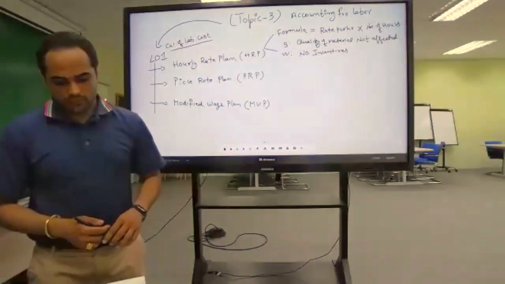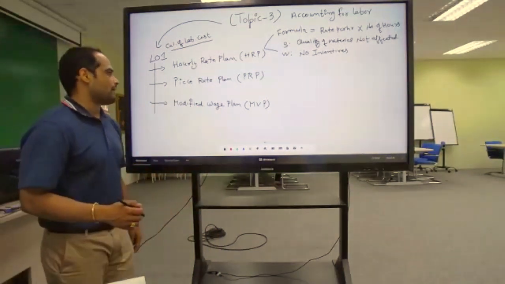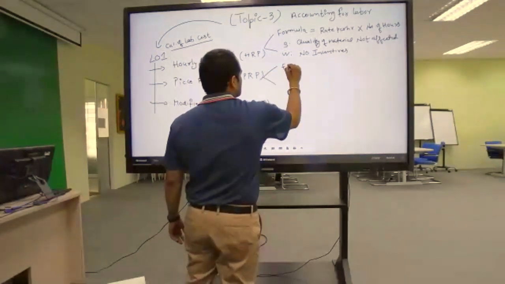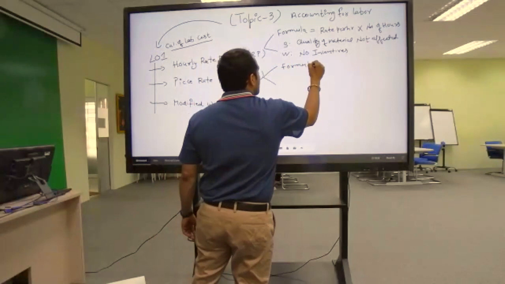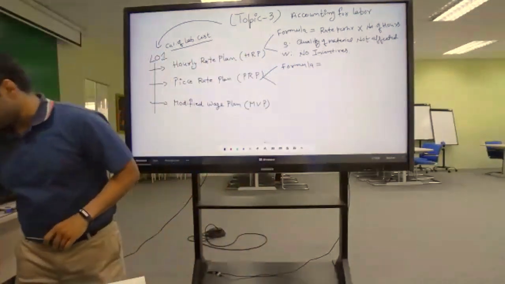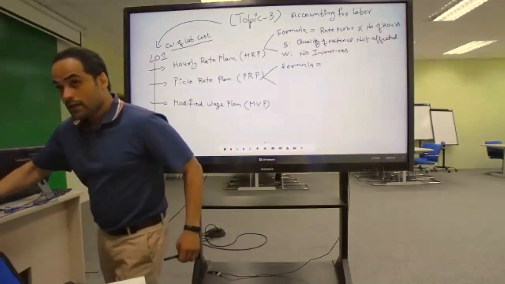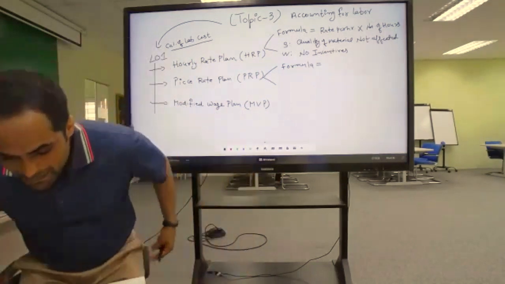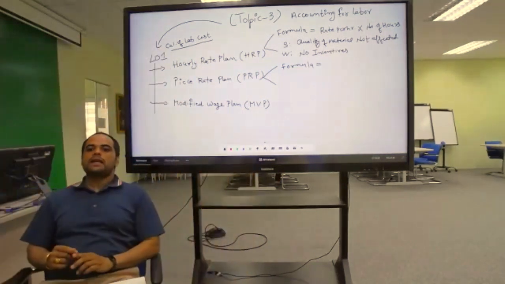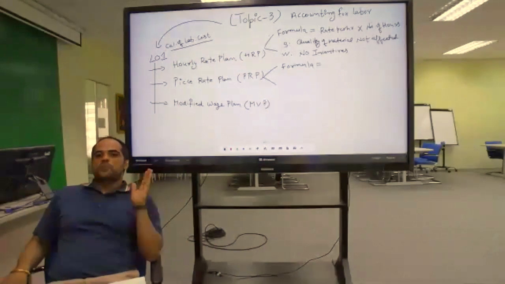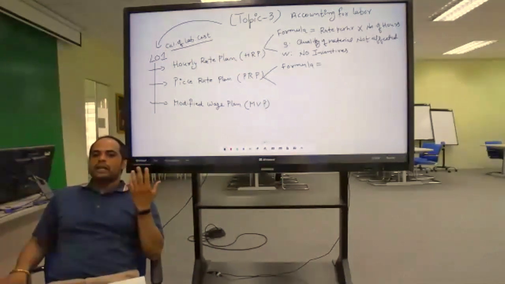Next is the piece rate plan. We have a formula for the piece rate plan. Now, what does piece rate plan mean? Piece rate means the company pays the worker as per the number of products. It depends on how many products you produce.